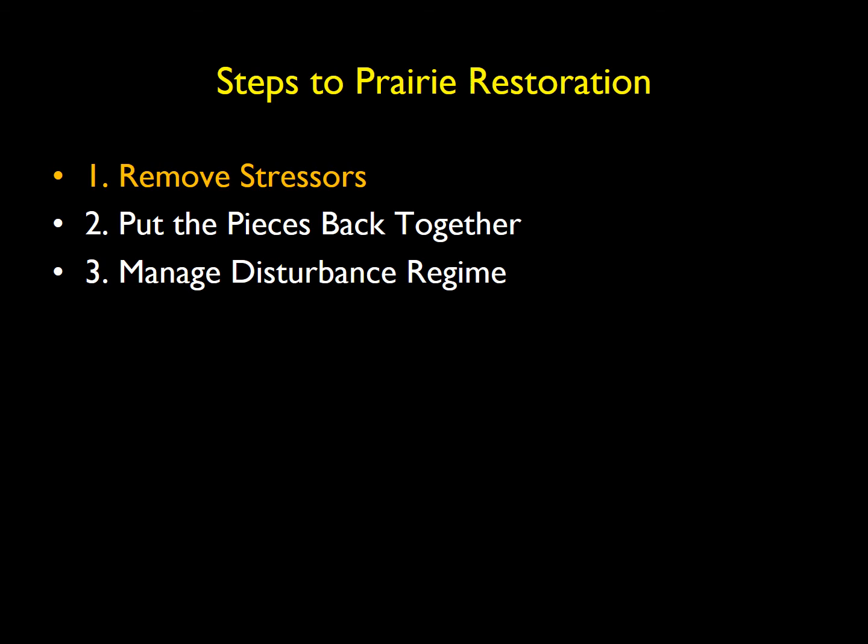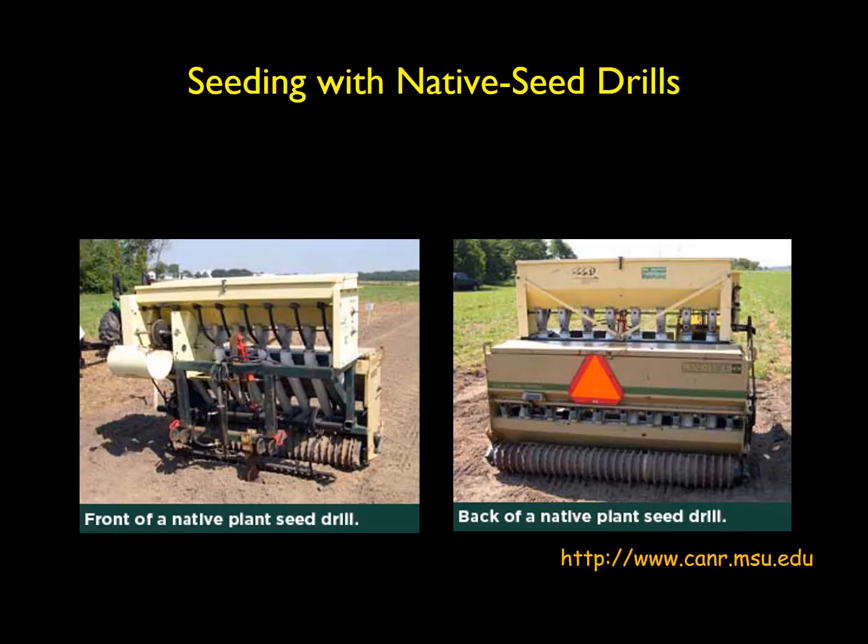All right, so once you get to that point, you've created an environment in the top surface of the soil where those native plants can get back and do what they normally do. So then you have to put the pieces back together and bring in the seed of the native plants. So on the prairie, they use something called a native seed drill.